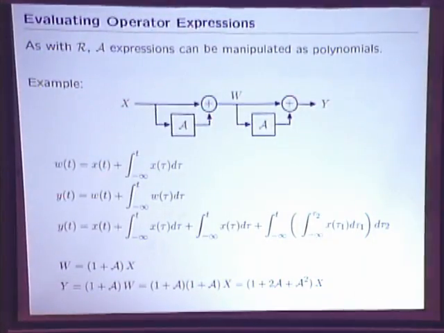So the point is that the differential operators look very much the same. You can use the same kind of reasoning that you did for difference equations with R. Of course, the operators are different. And just like R, you can think about these things as polynomials.